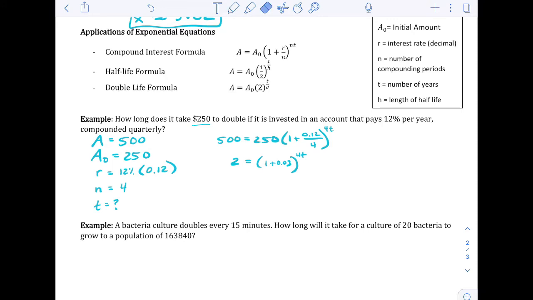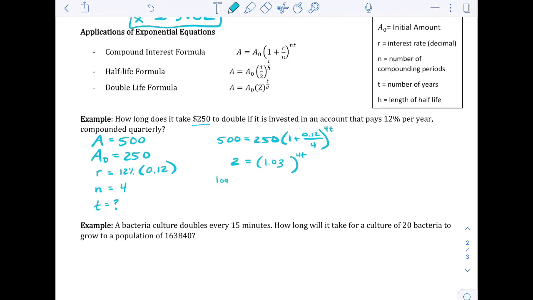And when I add that to 1, so 1 plus 0.03 is 1.03. So now I have one of those exponential equations. I cannot get the same base on both sides. I have a base of 2 and I have a base of 1.03. So in this case, I'm going to have to take the common log of both sides.